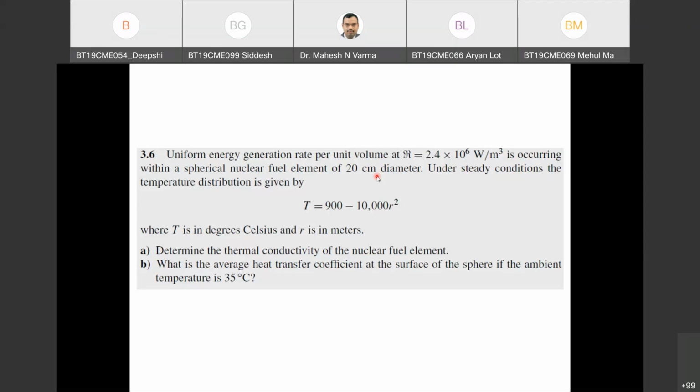Sir, previously also we had solved such a problem. In that problem, whenever we had watt per meter cube, we took G is equal to K into.